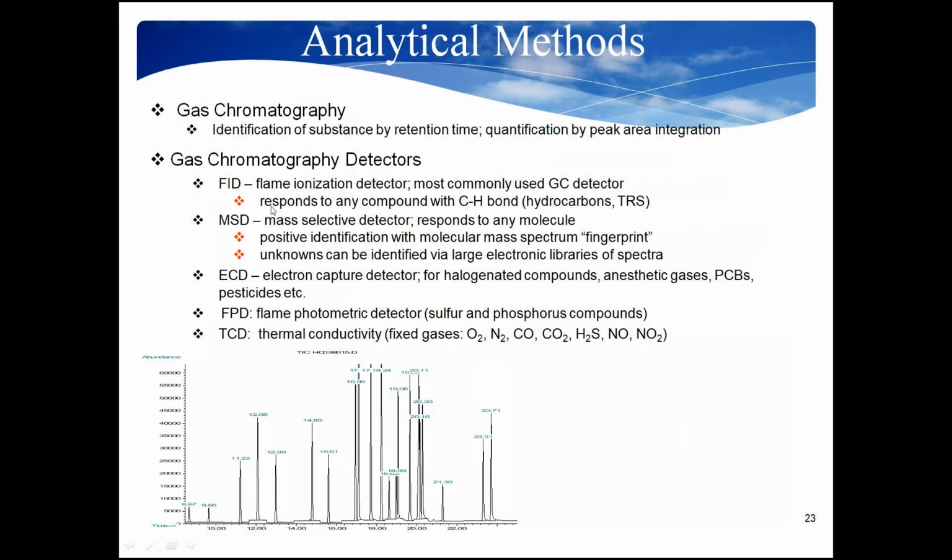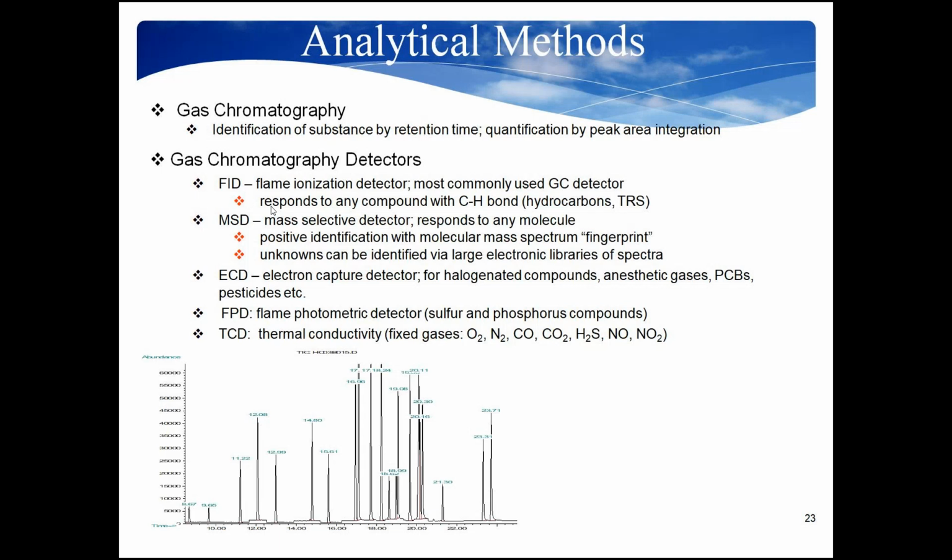And those different detectors are listed here. Flame ionization detector or a mass selective detector. You might have an electron capture detector for something like halogenated compounds or PCBs. An FPD is for sulfur or phosphorus compounds, and the TCD, thermal conductivity detector, is for things like oxygen, nitrogen, etc. So if you're doing VOCs, however, the analysis is likely being conducted by FID or MSD.